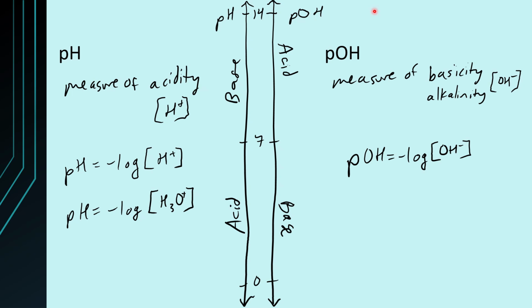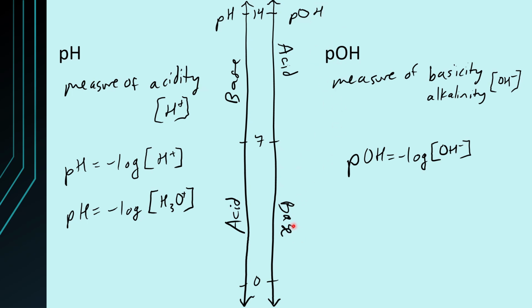Now, the other side of this, pOH. pOH measures basicity or alkalinity, which is a measurement of the hydroxide ion concentration. So we get this pOH concept, which is the negative log of the hydroxide ion concentration. And again, because it's a negative log scale, you wind up with a scale from about 0 to about 14. 7 is still neutral on the pOH scale, but acid and base are flipped on the pOH side.